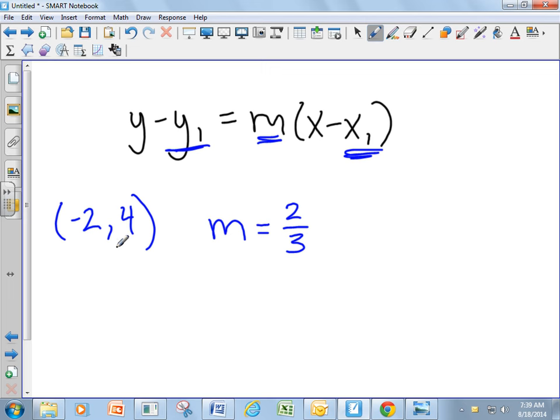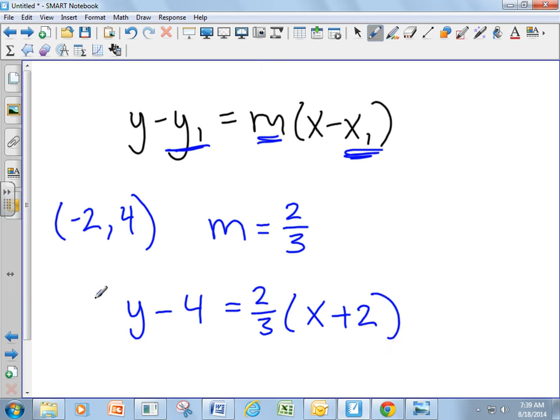And just with this information, I can now write an equation of a line, or at least get it started in this point-slope form. I do y minus my y value, 4, equals my slope, 2/3, times x minus my x value. So if I'm going to do minus negative 2, I'm going to actually write plus 2 here. Now, this isn't the best form to leave an answer in necessarily, but we've got the equation started.